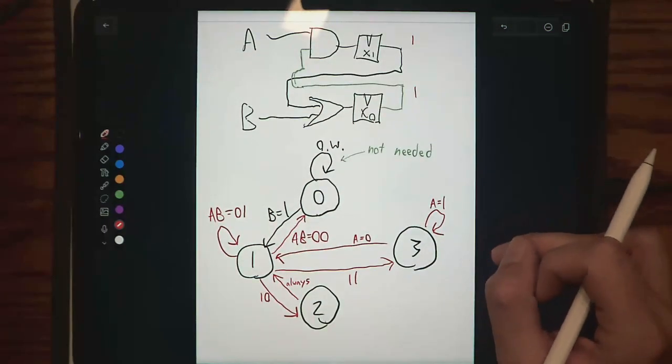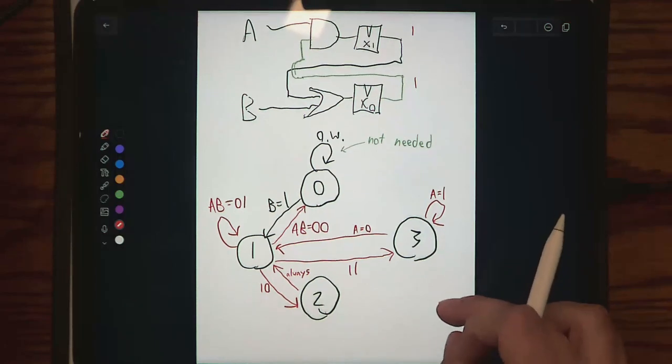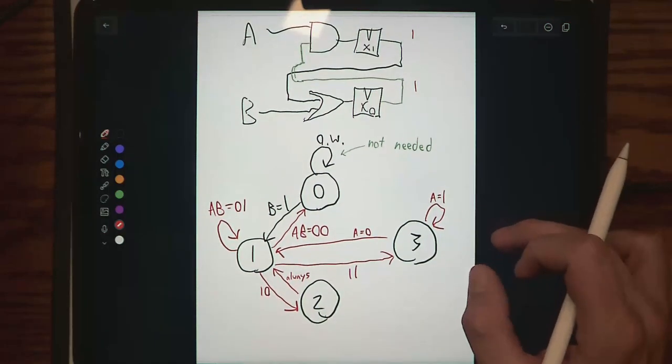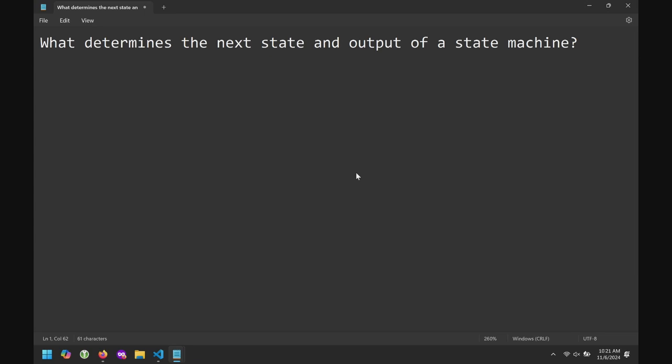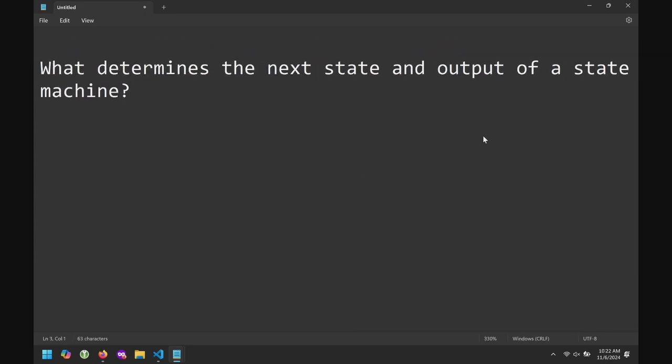I want to do a participation quiz. What determines the next state and output of a state machine? What does determine the next state and output of a state machine?